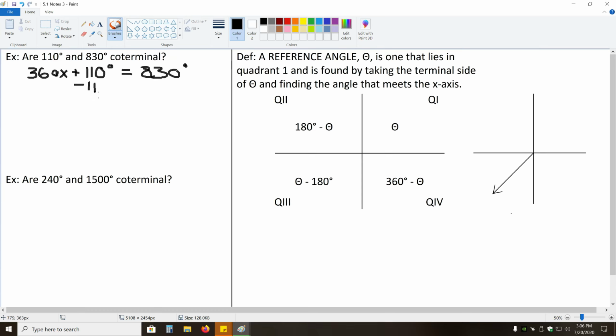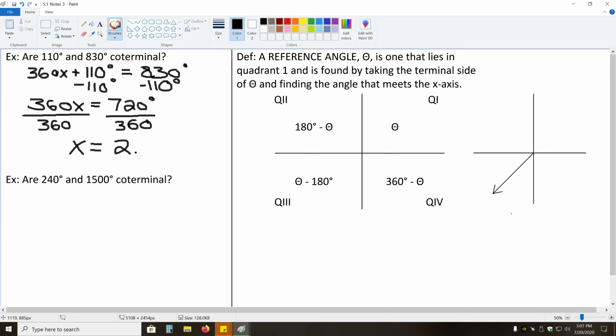So we're going to subtract 110 degrees from each side, which leaves us with 360x equals 720 degrees. And then dividing each side by 360, we're left with x equals 2.